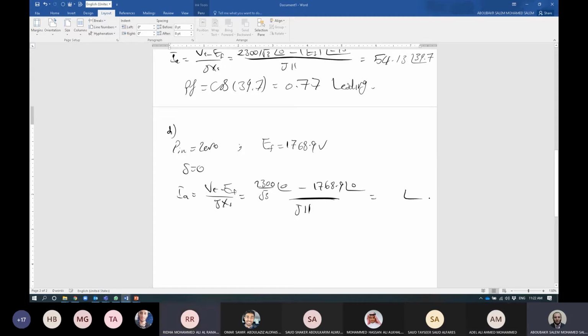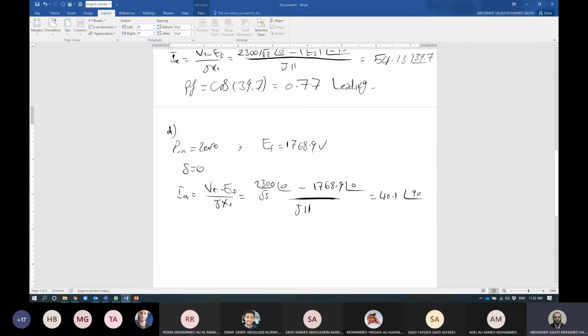What will be the value of current? The angle will be 90 and the magnitude is 40.1. Okay, so now this is the current, and the angle is 90 degrees.